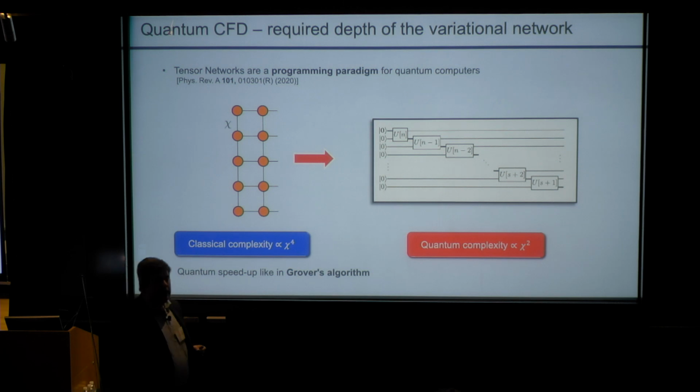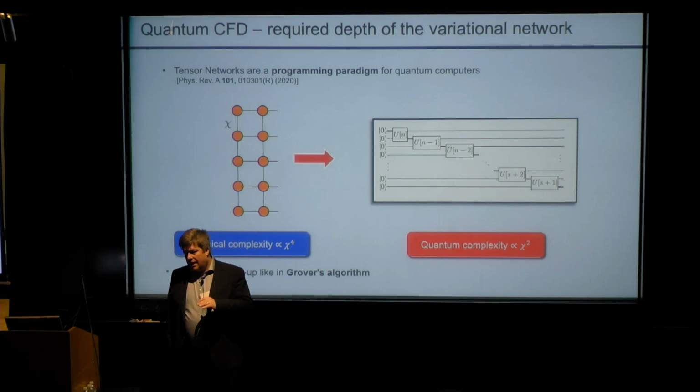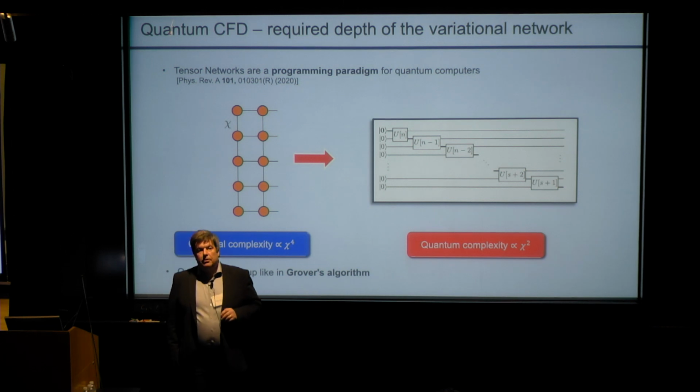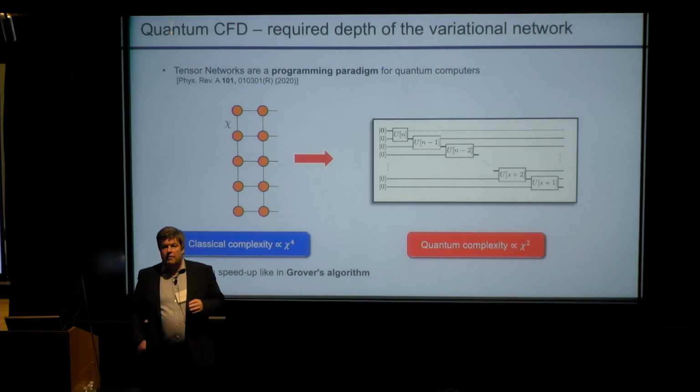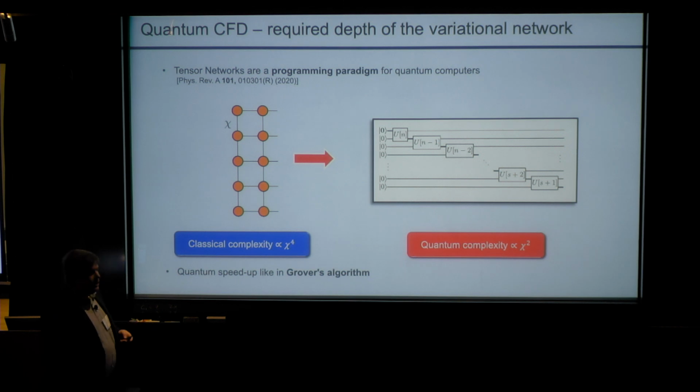So what we get immediately from transferring these algorithms from classical to quantum computers is a quadratic speedup. Rather than everything scaling with chi to the 4, things now scale with chi squared, and only logarithmically with the size of your grid.